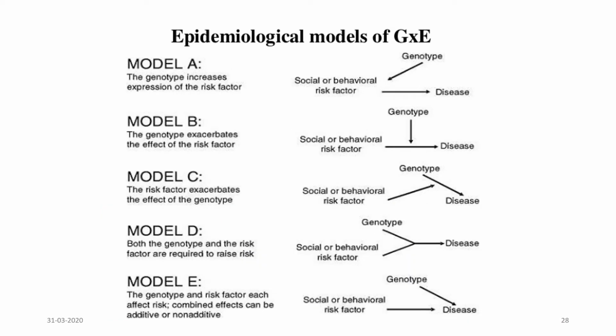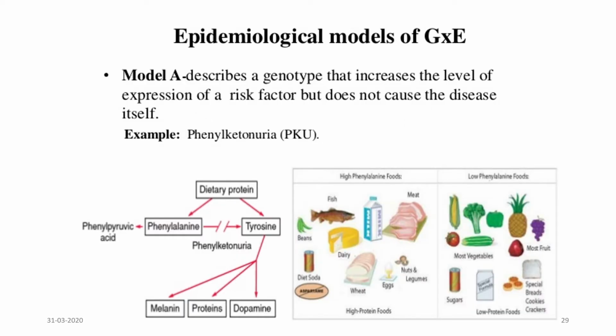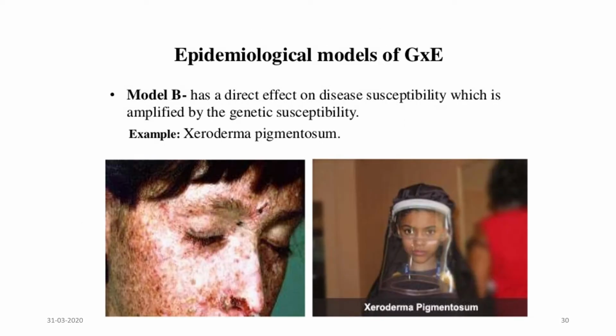In the second case, as model B says, the genotype has the highest effect on the risk factor. Model B has a direct effect on disease susceptibility, which is amplified by genetic susceptibility. Xeroderma pigmentosum is a rare genetic disorder, and here the people have an impaired or damaged DNA repair system.